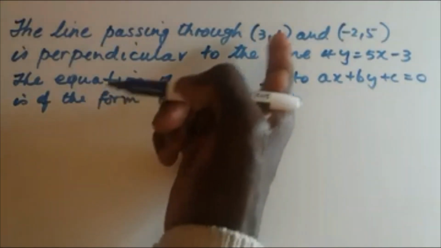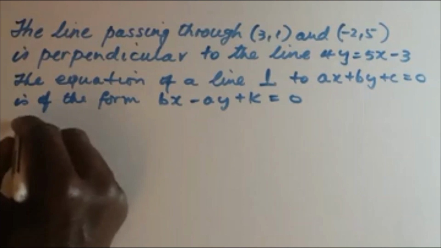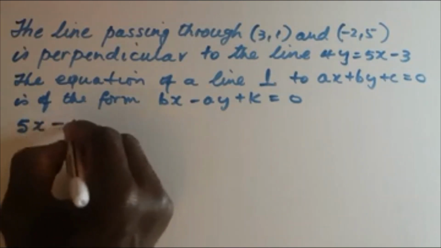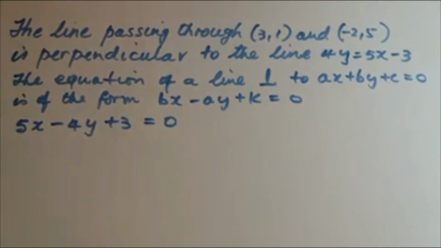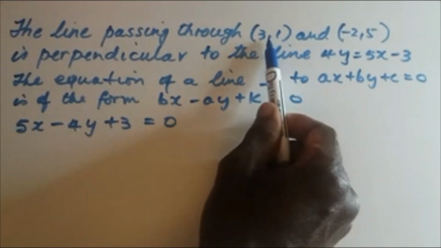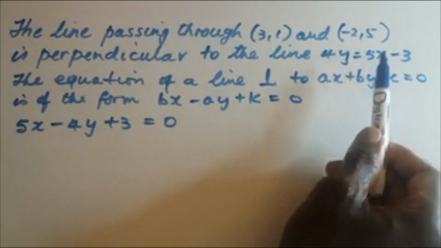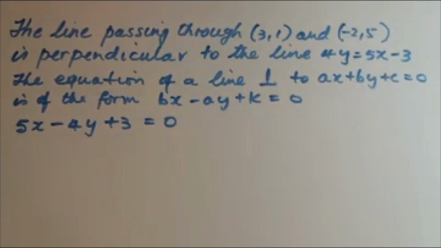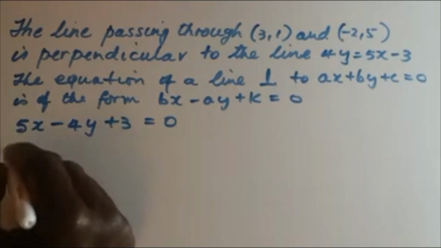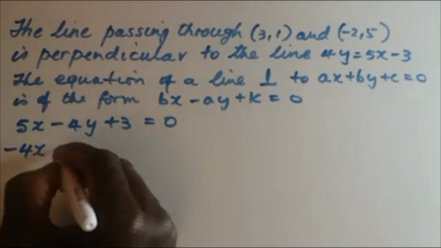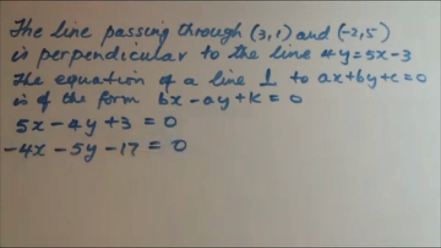So initially, let's put it in this form: 5x - 4y + 3 = 0. That's concerning the line 4y = 5x - 3. And with the line passing through the 2 points, we'll rearrange this equation in a similar form, and that gives us -4x - 5y - 17 = 0.